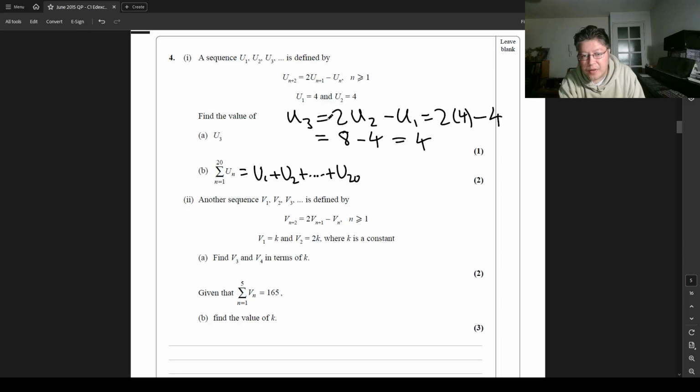And we can see this because if u1 and u2 are 4, and they gave us the next term as a 4, that means u4 will be based on u2 and u3, but they're also 4, which means that u4 will be 4. So that means all the terms are equal to 4. So this is none other than 4 times, and there's 20 of them. So 4 times 20, and that's 80.